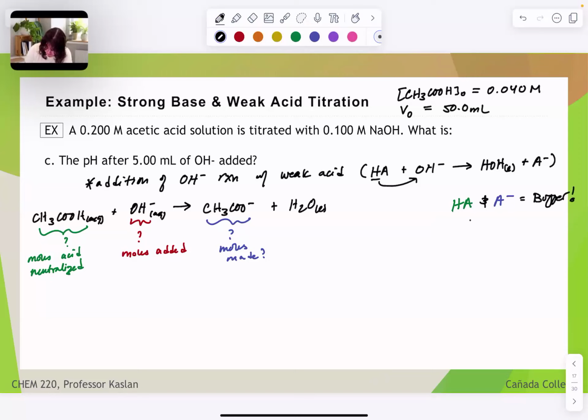So we can use our pH via the Henderson-Hasselbalch equation. So we have some stoichiometry to do here. Let's start with the moles of base added.